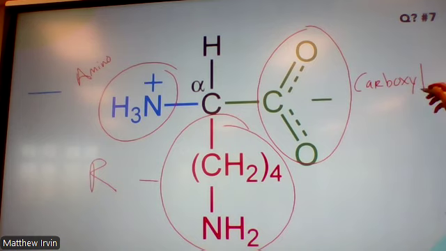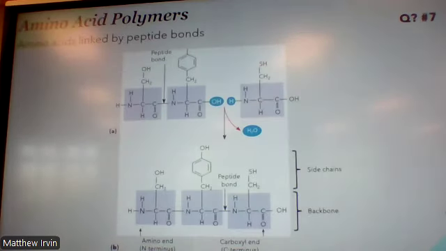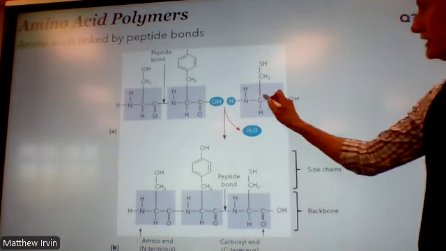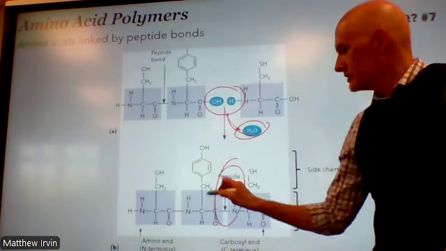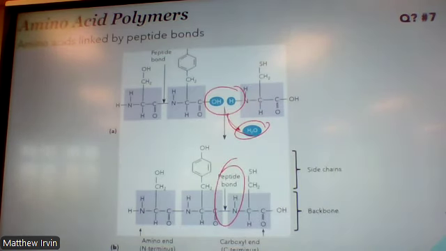The carboxyl group is acidic. So that's why it's an amino acid. And this is going to allow us to form proteins by dehydration synthesis, and that forms the peptide bond right there. As we build our peptide bonds, we get the primary structure of the protein.